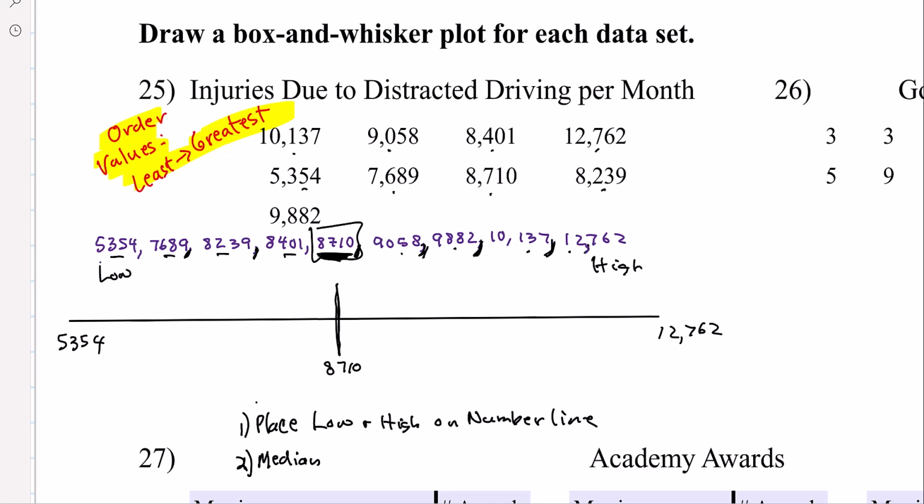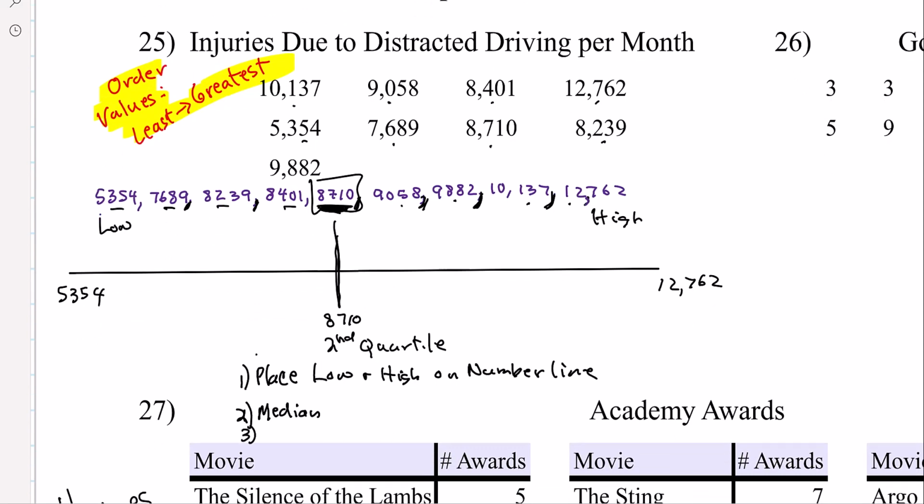And this is the second quartile, by the way. So 8710 in this instance is the second quartile. Now we're going to draw our box. The next step after we find the median is to find the 2 other submedians or quartile medians.